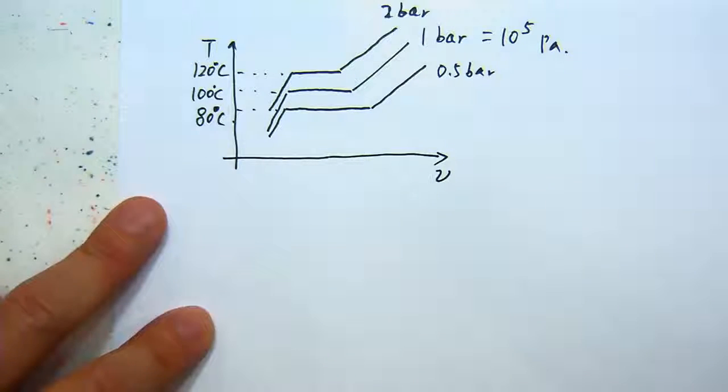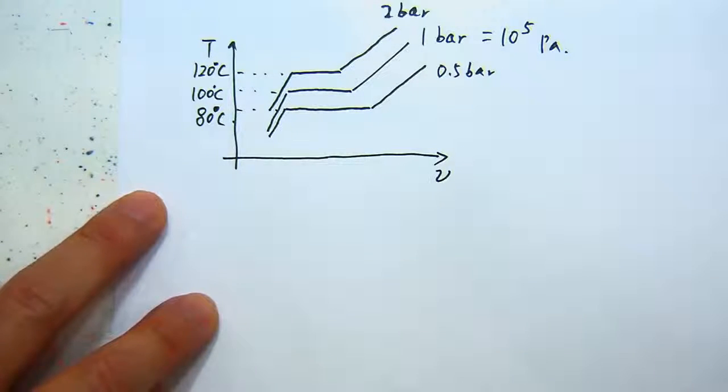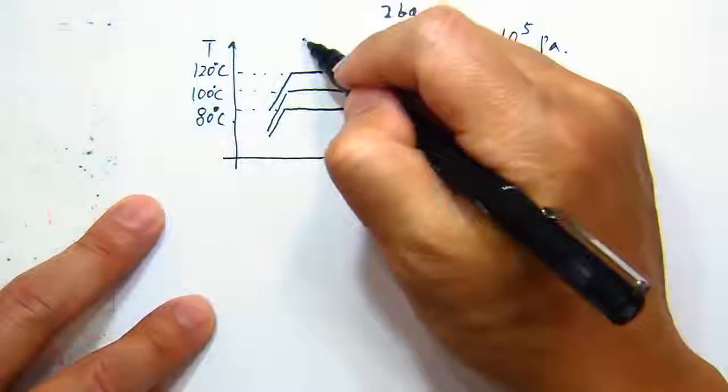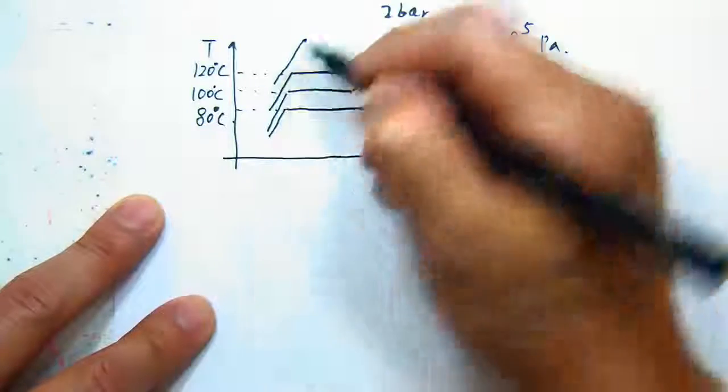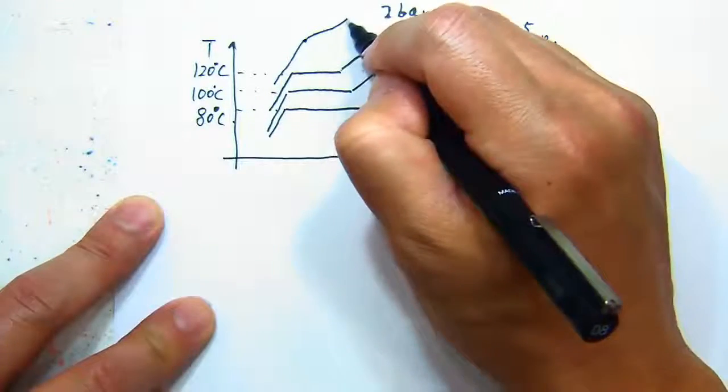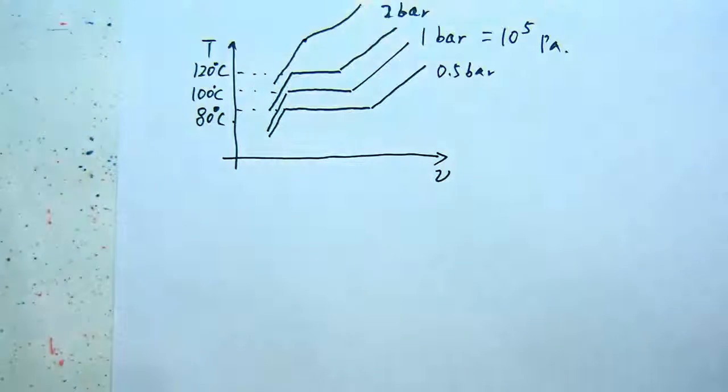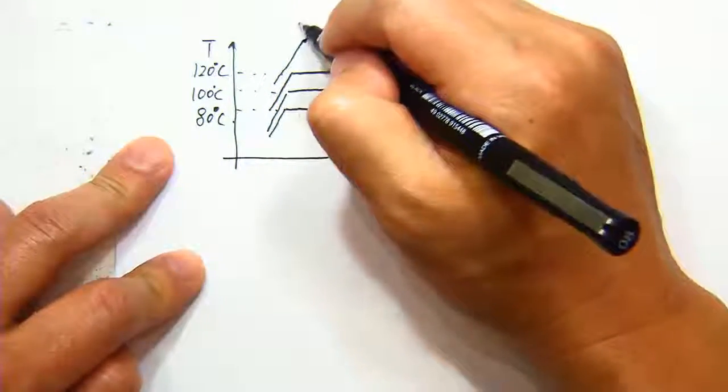If you keep going until a threshold, the length of the horizontal section will shrink to 0. So this one is called critical point.